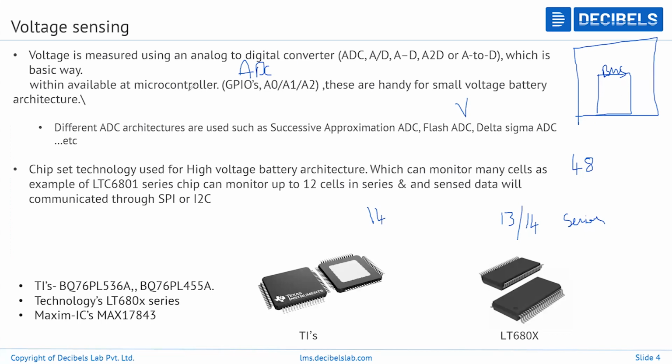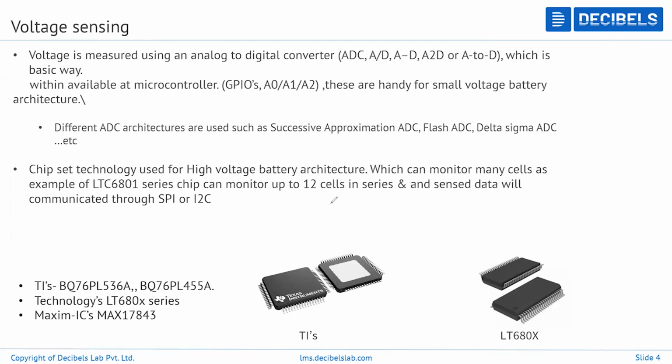When we talk about a single cell, that's fine. But let's say for 14 cells in series, or 28 cells in series, a different type of technology we need to use. Then there is a chipset technology for high voltage battery architecture, where we can measure more than a single cell.